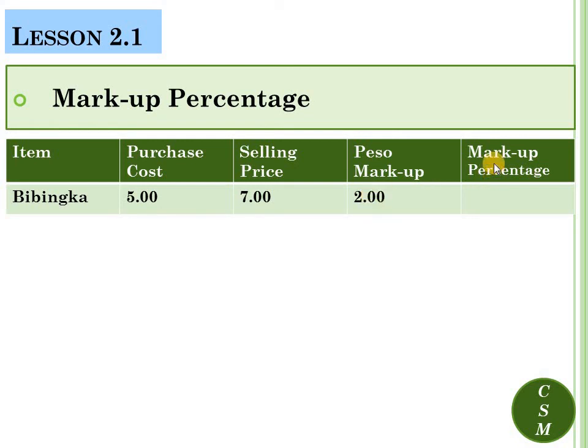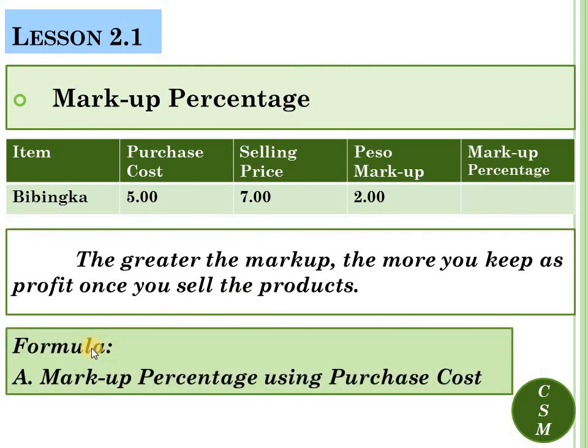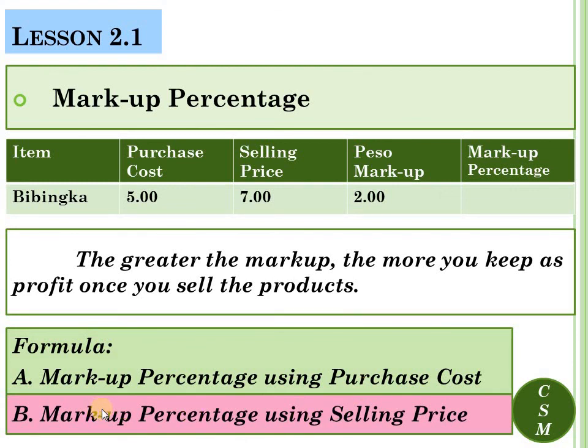To compute for the markup percentage, the greater the markup, the more you keep as profit once you sell the products. The formulas: A, markup percentage using purchase cost, and another formula, B, markup percentage using selling price.